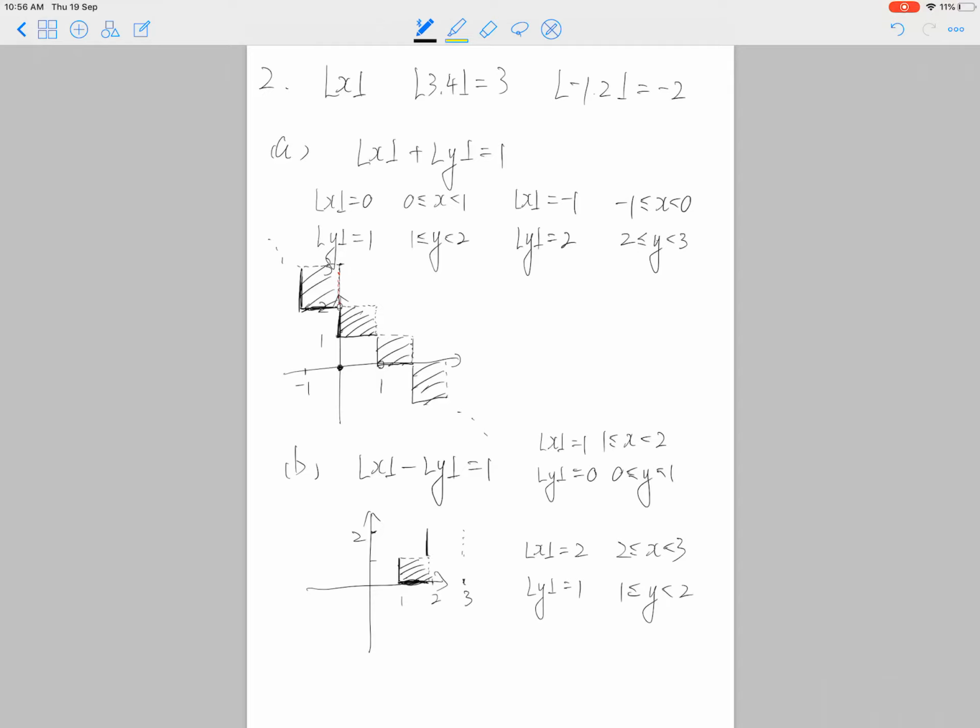Y is greater or equal to 1, strictly smaller than 2. Right. So it should be this part. So the rest, right, it should be this. Here it should be this, right, extra.